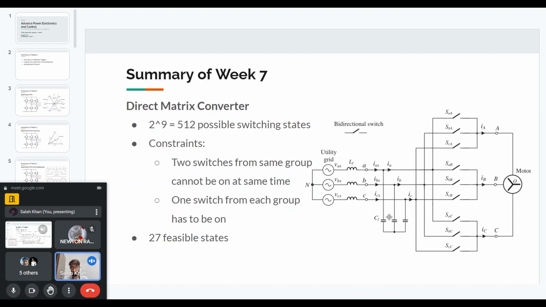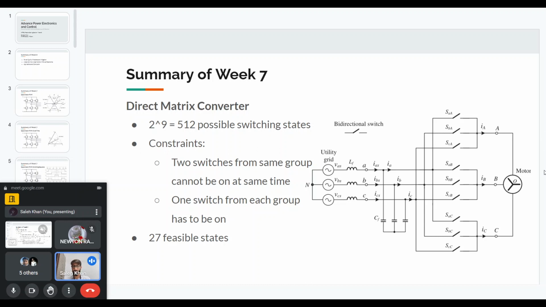We can have three-phase to single-phase also, and we can have any frequency at the input and any frequency at the output. That is different from cycloconverters, where we were limited in the output frequency. We could not go beyond some output frequency. But for a matrix converter, we can have any frequency at the input and at the output.